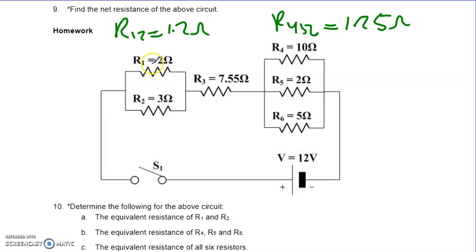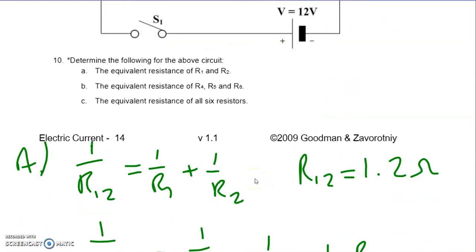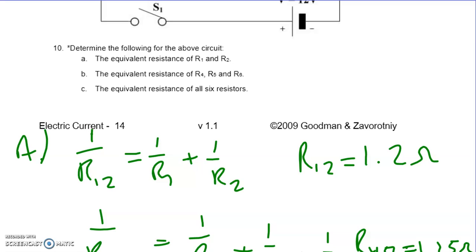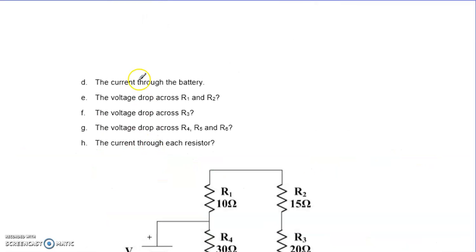Because again, if we imagine this as one single resistor, R12, from start to end, it goes through R1 and 2. So that's the quote one resistor. Then it goes through R3 and then goes through 456, which is that quote one resistor, and then back to the battery. All right. So this is on the next slide, but I'm going to have to reference back.